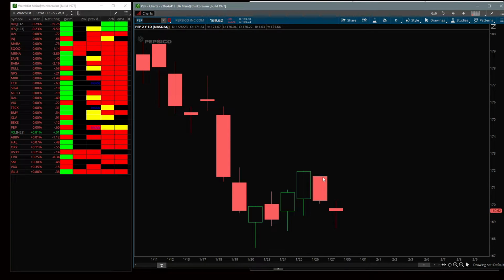And if you're looking to play the inside day breakout, you would look to play the break of this level. Okay, so it opened up below the low, so it was kind of already in a breakout.